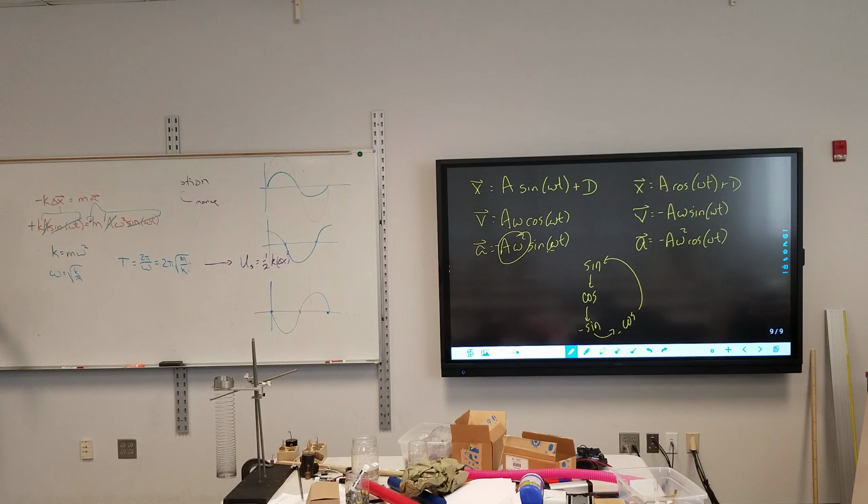Your textbook uses 2 pi f. Wherever I have an omega, they use 2 pi f. That's where it's coming from. So for the test, what's frequency again? Is it cycles over time or time over cycles? It's cycles per second.